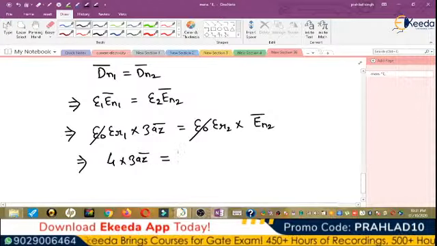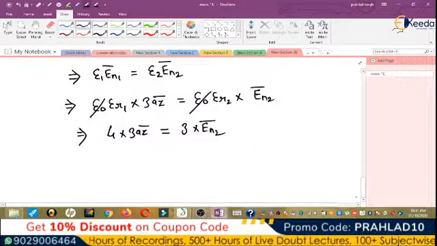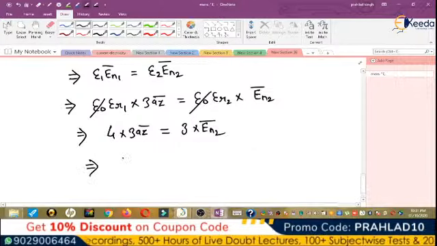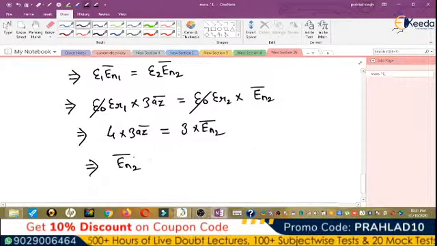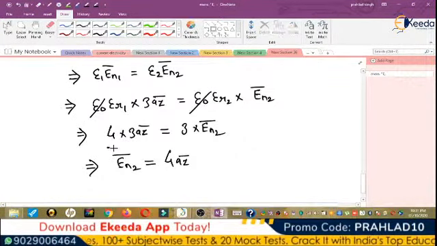It is equal to epsilon r2, which is given 3, into En2. So we'll calculate En2 from here, and which is equal to 4az.